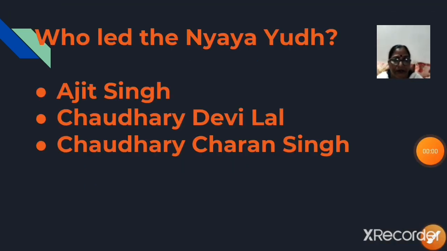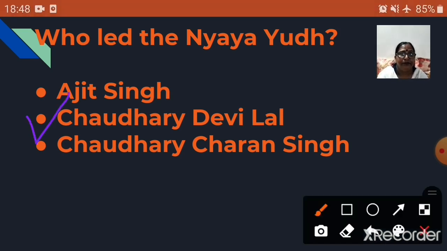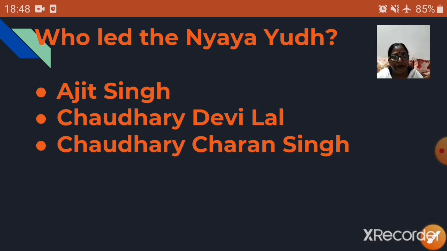Okay, the next one. Who led the Nyay Yudh? Is it Ajit Singh? Is it Chaudhary Devilal or Chaudhary Charan Singh? Yes, it is Chaudhary Devilal. Shall we move on to the next now?